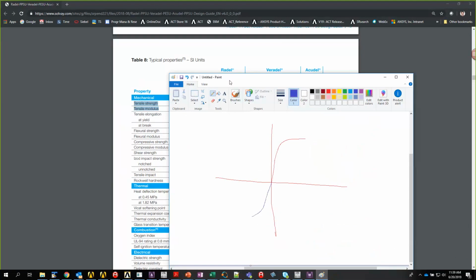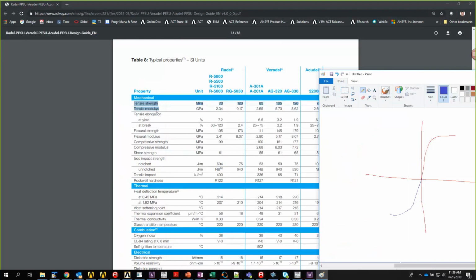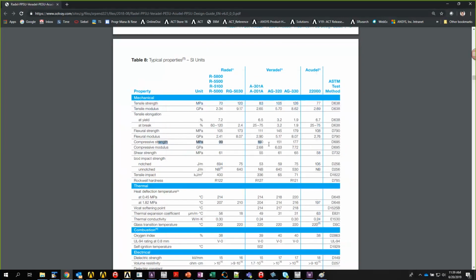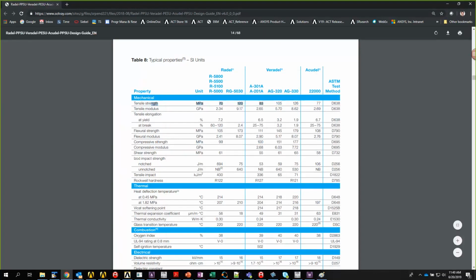Okay, the Young's modulus in tension is around 2.65, and the Young's modulus in compression is 2.68. And also, the compressive strength is 100 MPa, whereas the tensile strength is 83 MPa.